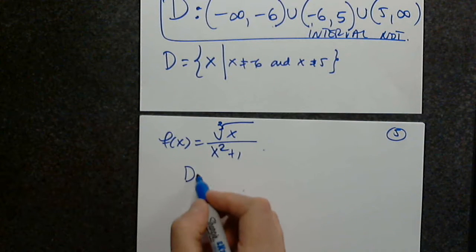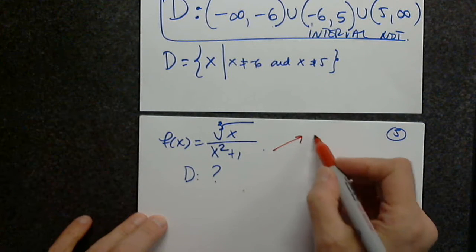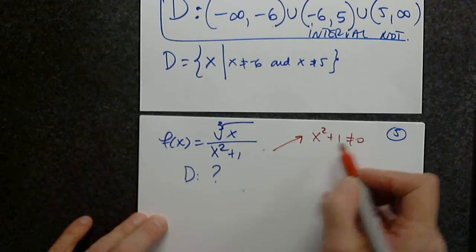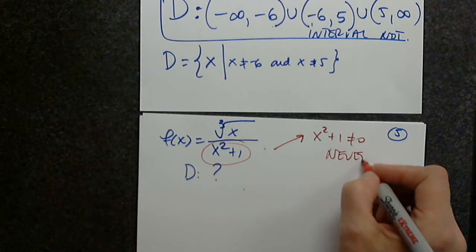So again, we are asked to find the domain. Such a function, a combination of a radical and ratio, can have two difficulties, right? Like before, one possibility is x squared plus 1 creating a problem in the denominator, but this is never the case.